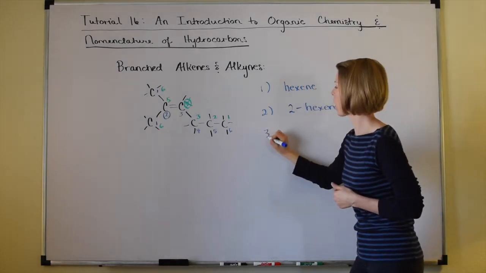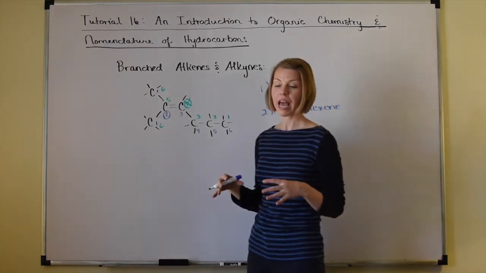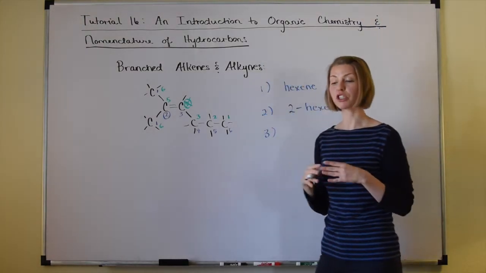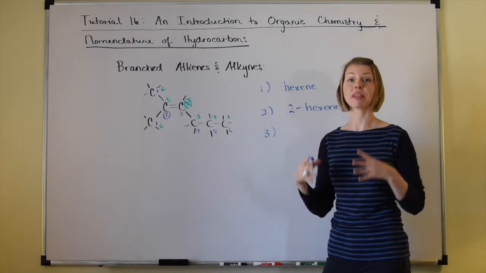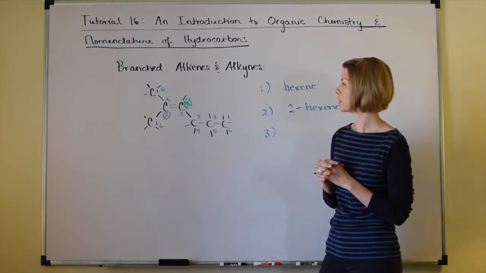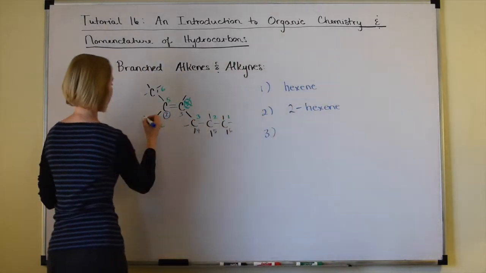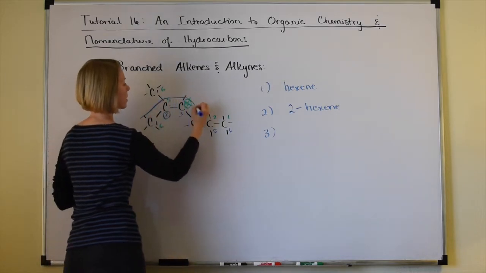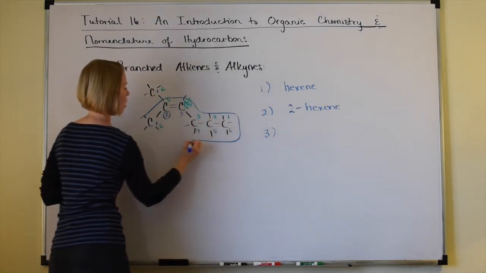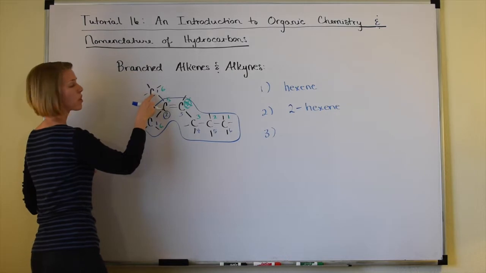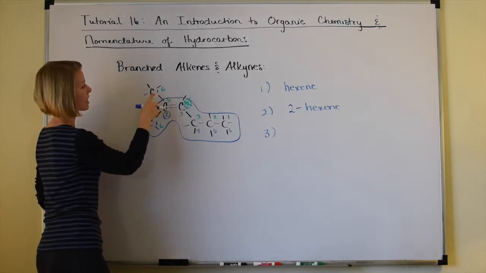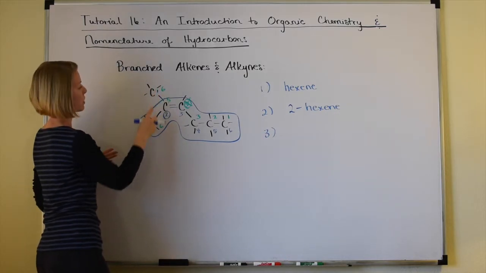Okay, so on to step number 3. Assign the names to any branch groups, the name and the number to any branched group. So let's go ahead and call this chain our 2-hexene. You could have also used this carbon. You're going to get the same name. It doesn't matter if you count it from here or here.